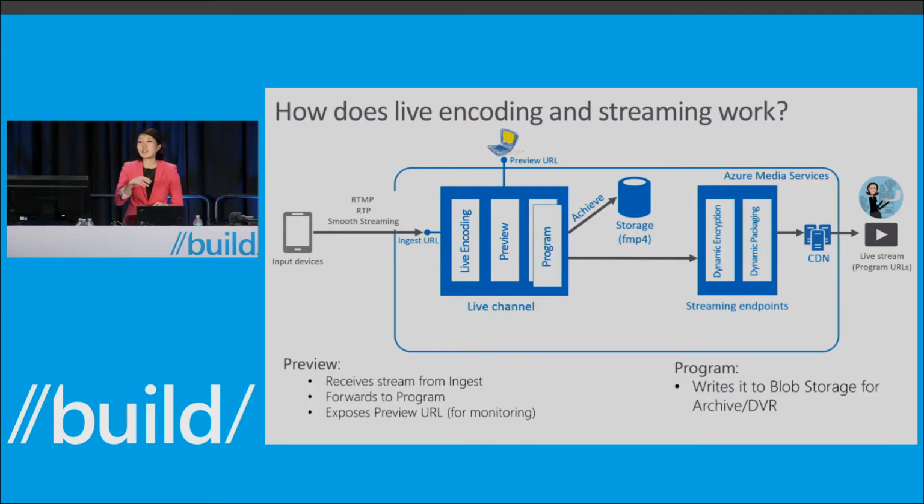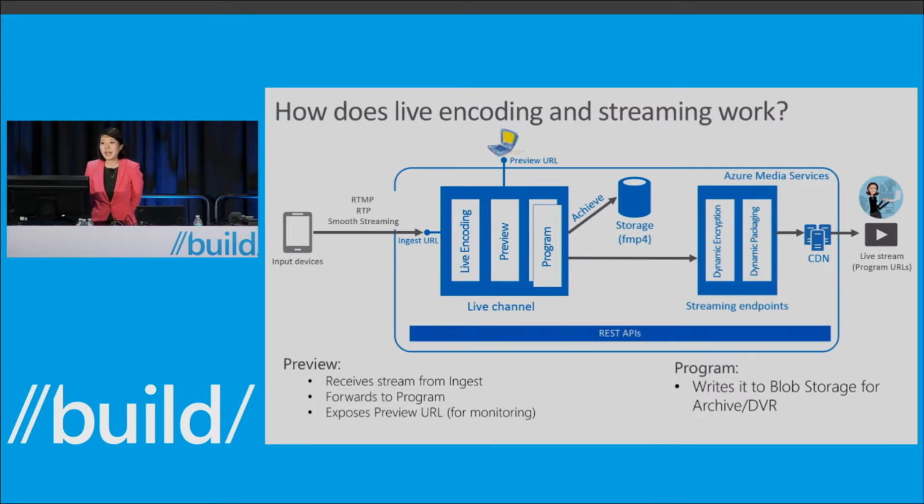But now, since the encoding is shifting to the cloud, a lot of devices can do this because it doesn't require high CPU. Another advantage is that it saves you bandwidth. Before, you were sending a multi-bit rate stream, and now you're only sending the highest bit rate of your stream and letting the cloud do the heavy lifting. That's really the benefit live streaming gives to you.